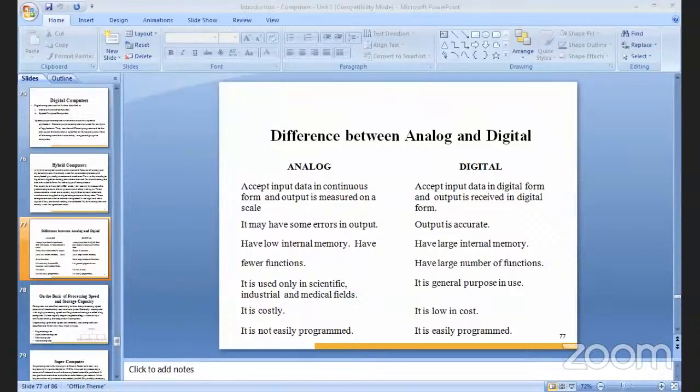Analog computers are used only in the scientific industry and medical fields, whereas digital computers are useful for all purposes. Analog computers are costly, while digital computers are cheap. Analog computers are not easy to program, whereas digital computers can be programmed easily.